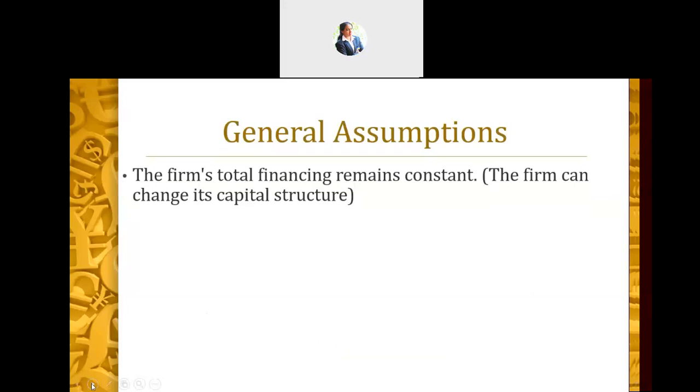If today 5 lakh is the entire financing of the company, then the 5 lakh is going to remain constant for the entire life of the organization. But how this 5 lakh would be divided, maybe 50% equity and 50% debt, or 60% equity and 40% debt, that proportion changes, but the total amount tends to remain constant.